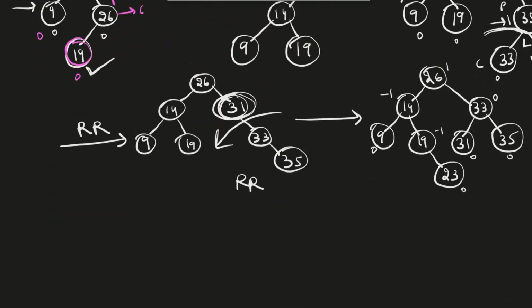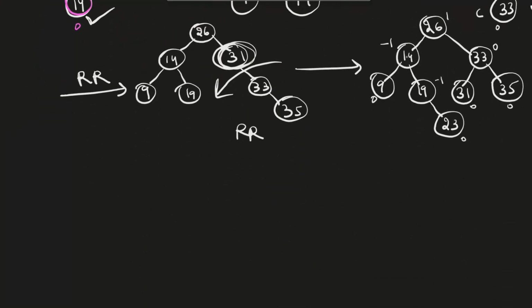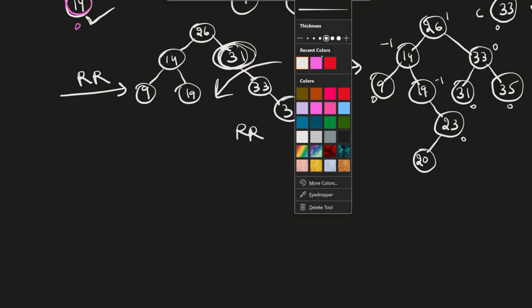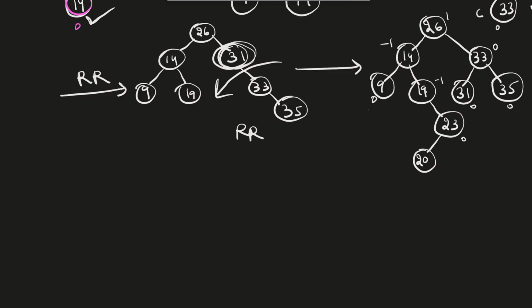Coming to 20, it is left of 26, right of 14, right of 19, but left of 23. Now if you check the balance factor of the following tree, all the leaf nodes you should first assign as 0. Then 23 is having 1 because it has only a left subtree, and 19 is having -2.